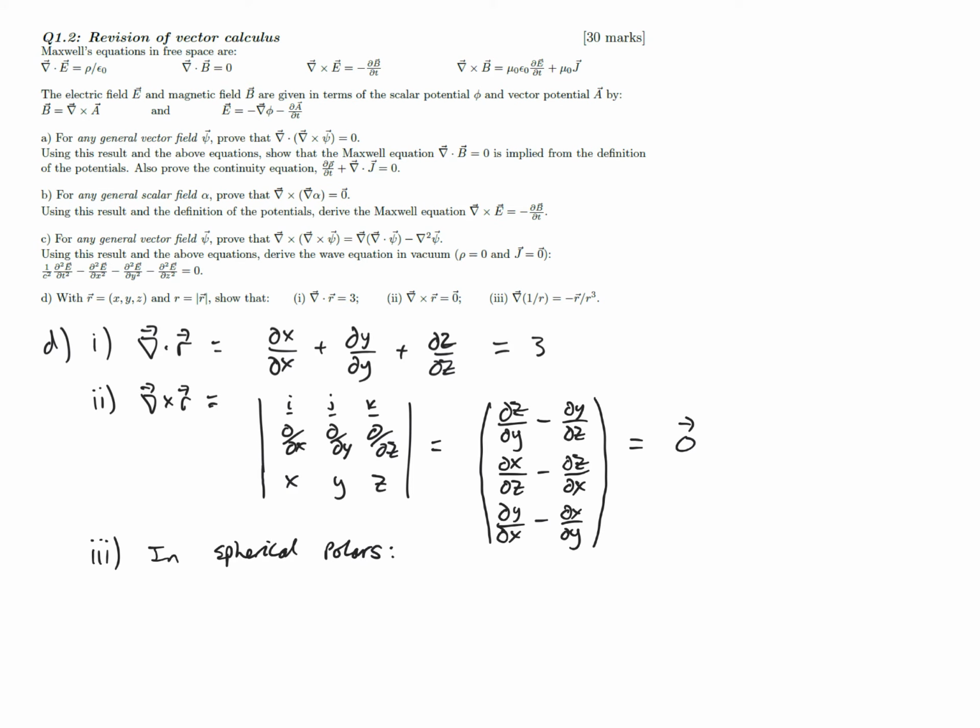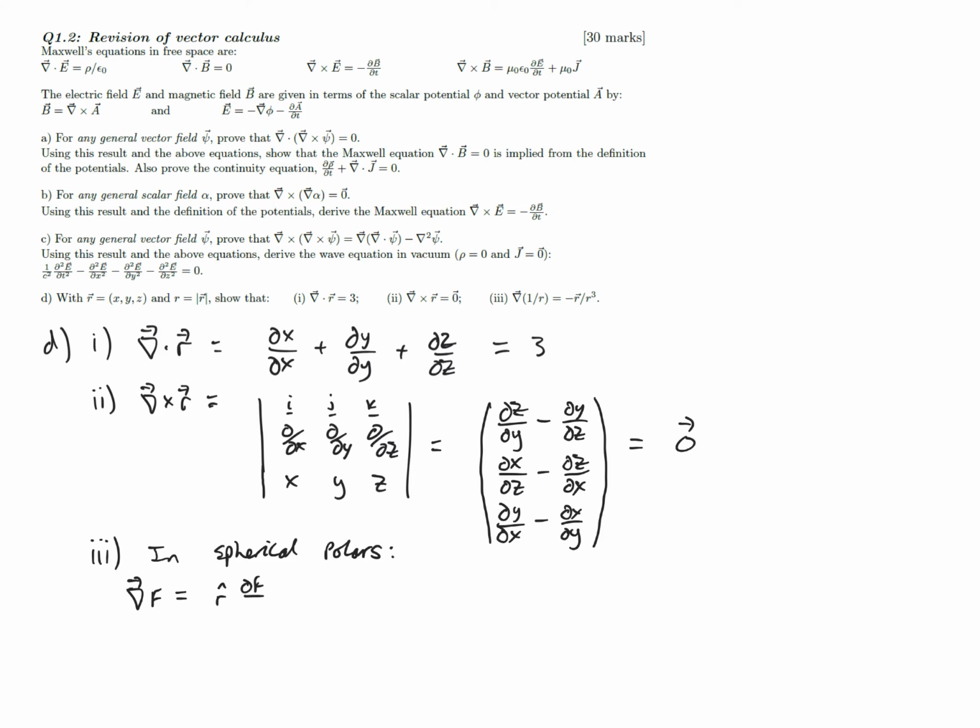Well, we can just look it up. And what we'd discover is that if I consider some scalar field f and take the gradient of it in spherical polar coordinates, it looks like this.